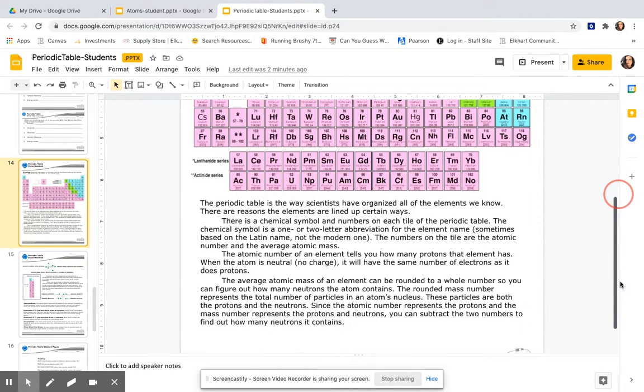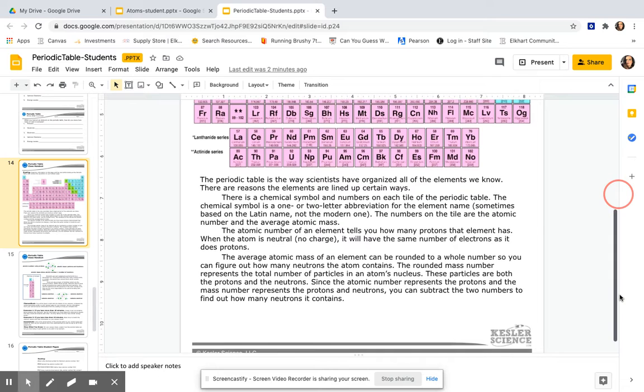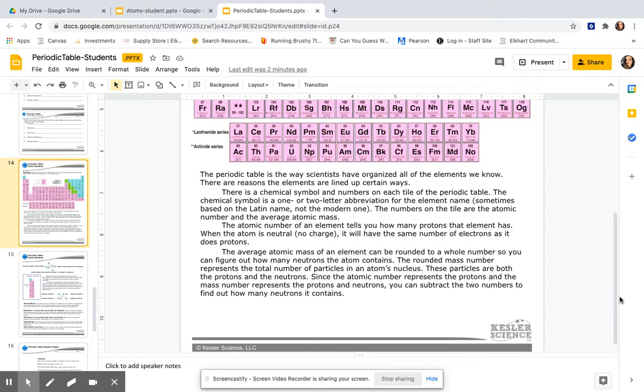The periodic table is the way scientists have organized all the elements we know. There are reasons the elements are lined up in certain ways. There are chemical symbols and numbers on each tile of the periodic table. The chemical symbol is a one or two-letter abbreviation of the element name, sometimes based on the Latin name and not the modern one.